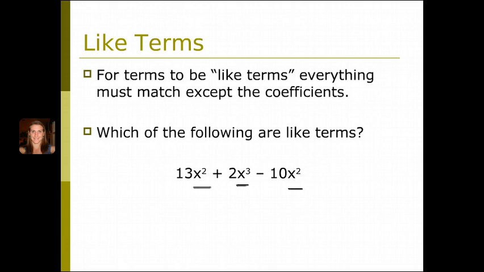Like we said, you have to have the same variable and the same exponent in order for them to be a like term. Our like terms here are going to be 13x squared and 10x squared. Now keep in mind, always include the sign in front of the coefficient when combining like terms, and we're going to discuss how to combine these like terms on our next.